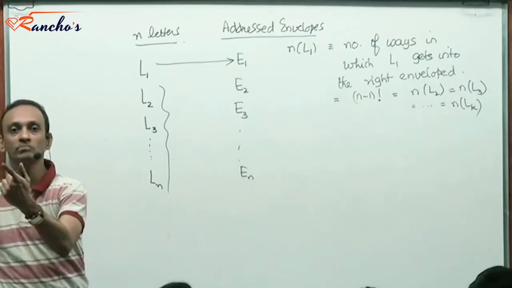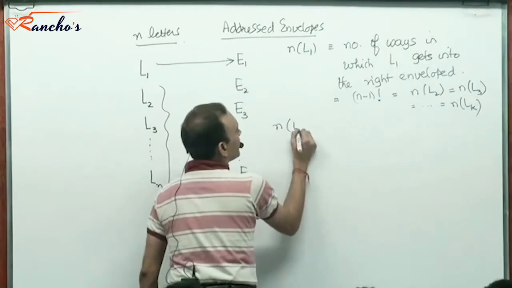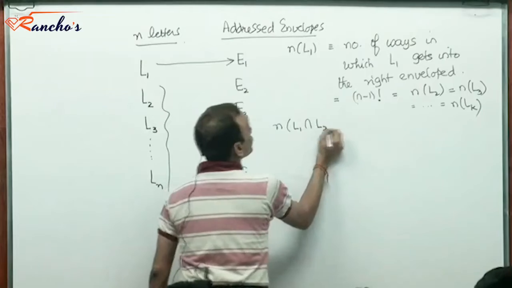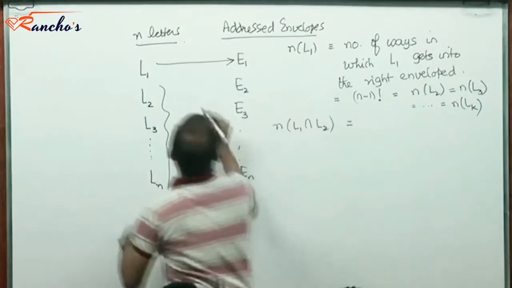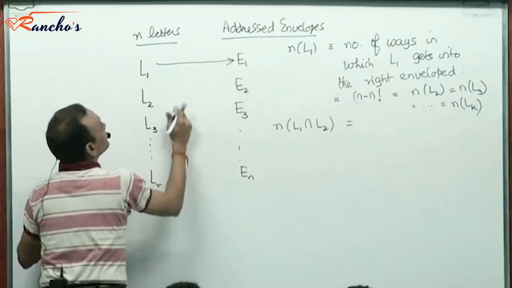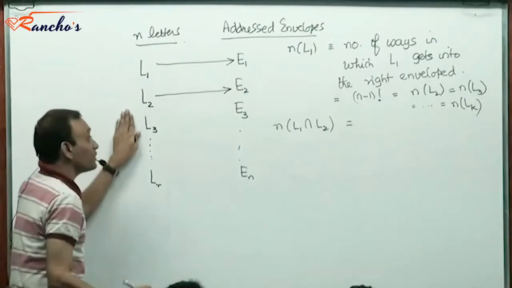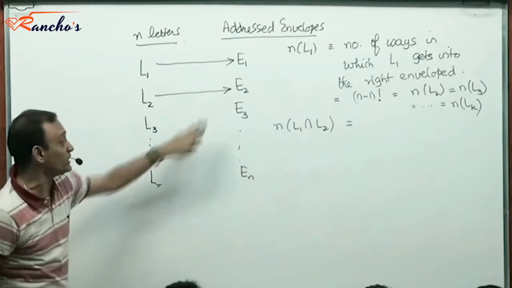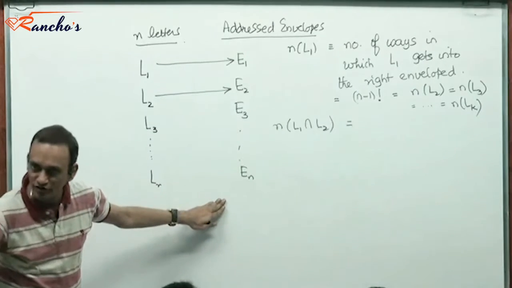Okay. Similarly, number of ways in which L1 and L2 get into the right envelope. Absolutely, because put L1 in the right envelope, E1, put L2 in the right envelope. This you can do in one way, and the remaining N-2 you can permute in these N-2 spaces in how many ways? N-2 factorial ways.